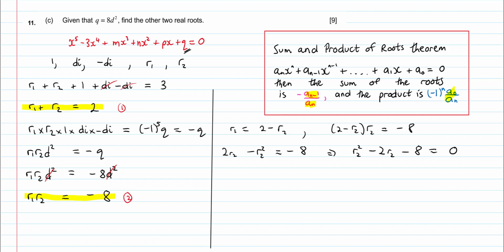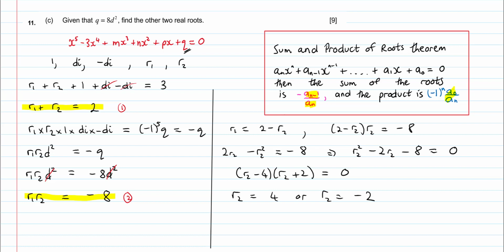So you can either use your calculator to solve that, or this one just factorizes quite easily. So we're going to get R2 minus 4 times R2 plus 2 is equal to 0. So R2 is equal to 4, or R2 is equal to negative 2.